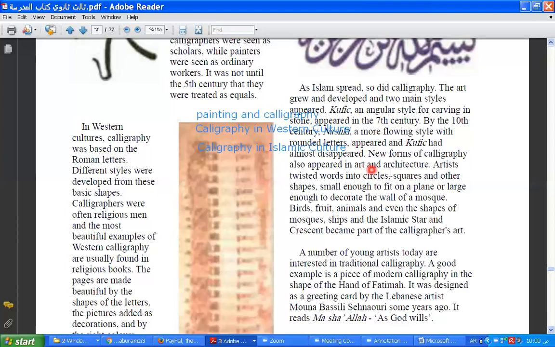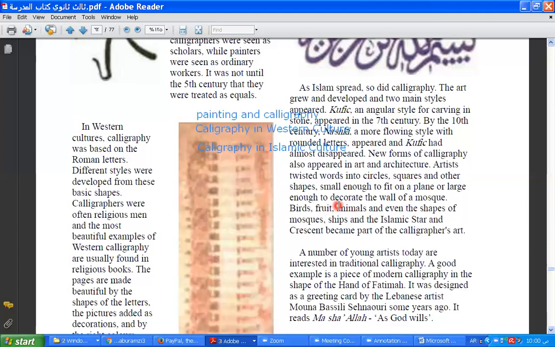Later on, new forms of calligraphy also appeared in the art and architecture. Then they started to create words in the shape of circles, twisted words, squares and other shapes.